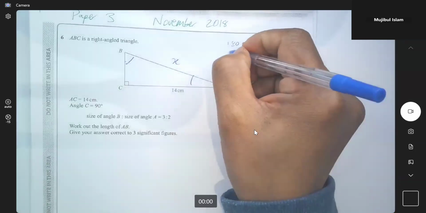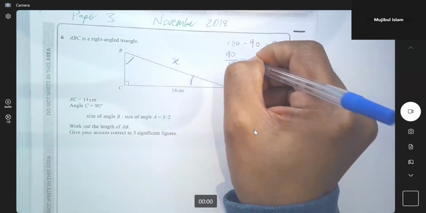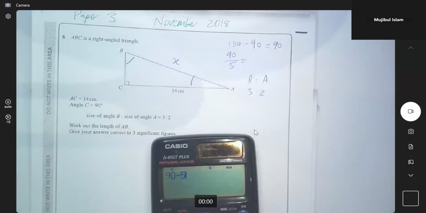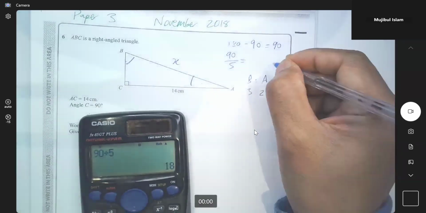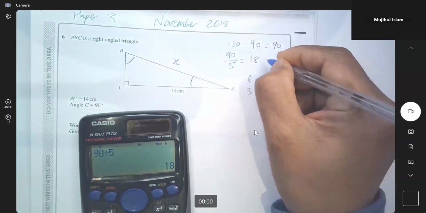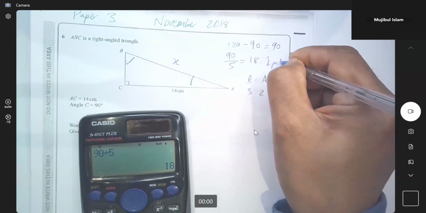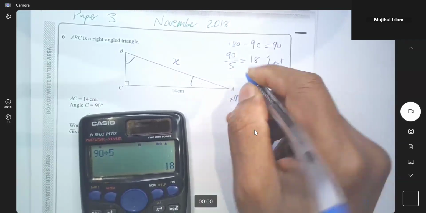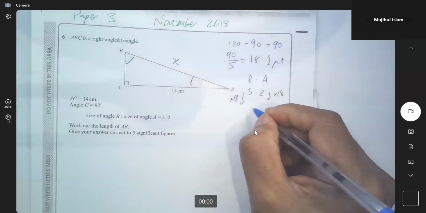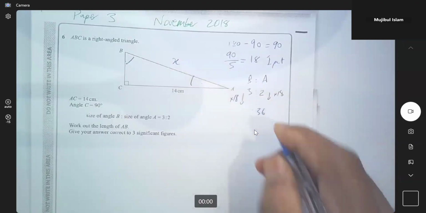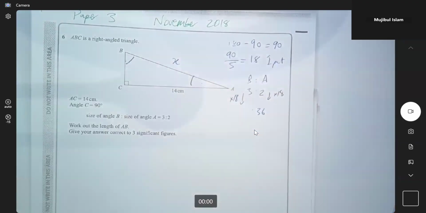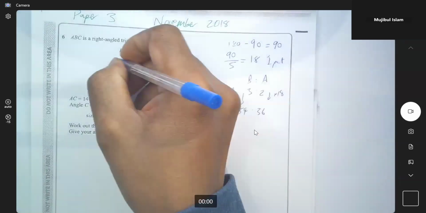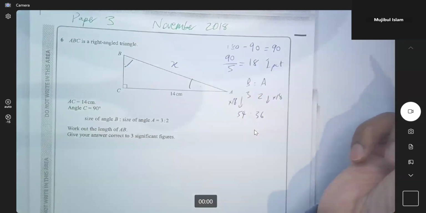So we're going to be sharing 90 degrees into 5 parts. So that becomes 90 divided by 5 equals 18. So this is what one part is worth. So I'm multiplying this by 18, multiplying this by 18. This is now 36, and this is 54.